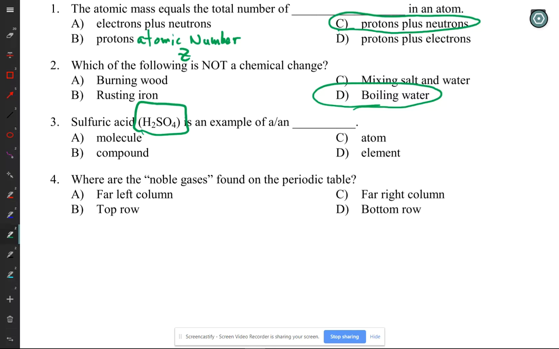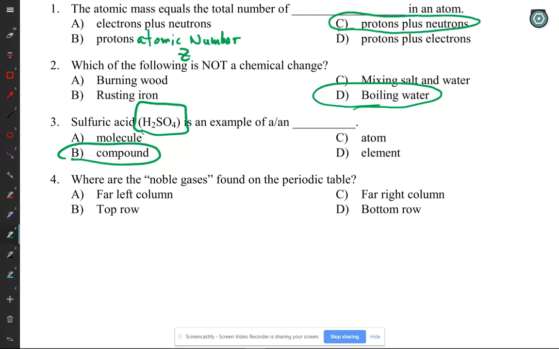So if you put that, I'm going to give you credit. That wasn't the intended correct answer, but it does qualify as a molecule. B was the intended correct answer. It's a compound because it has three different types of atoms in this case: hydrogen, sulfur, and oxygen.